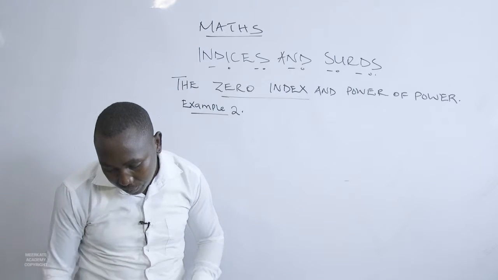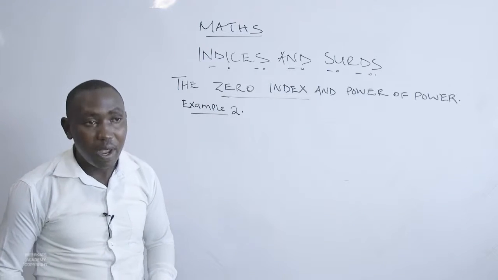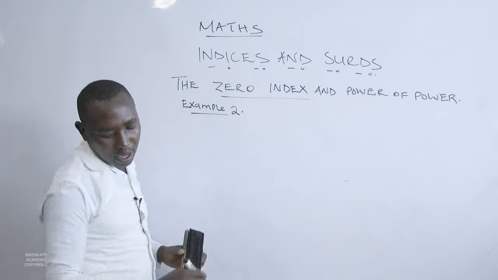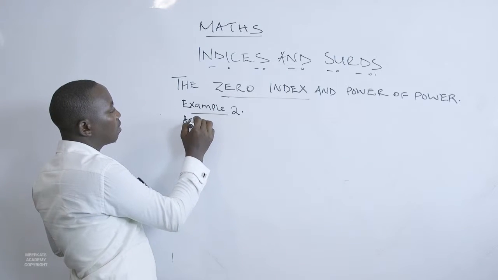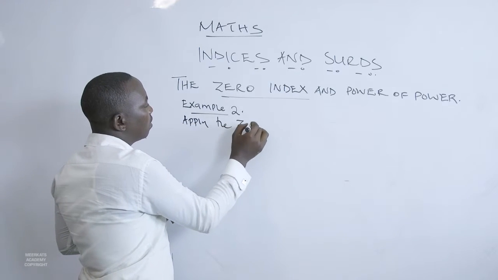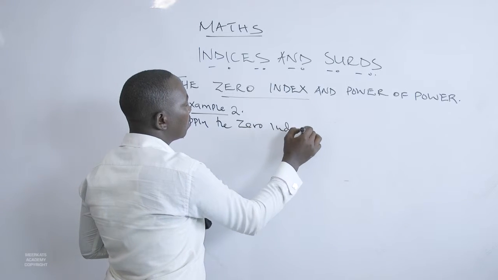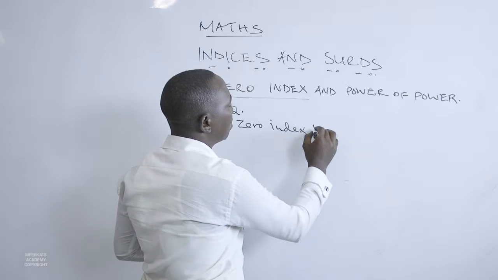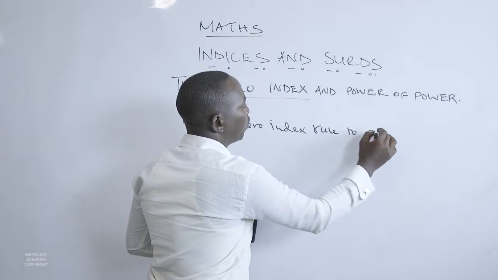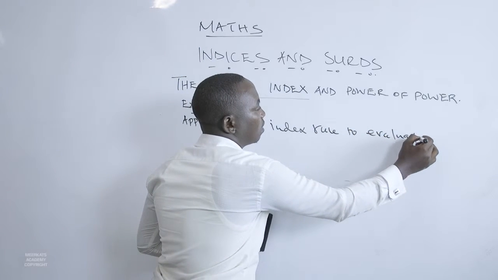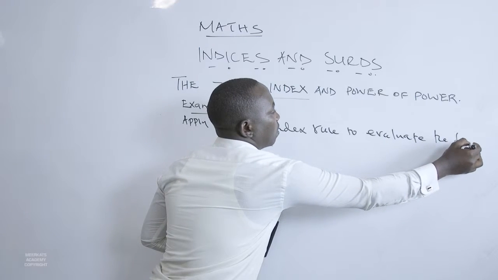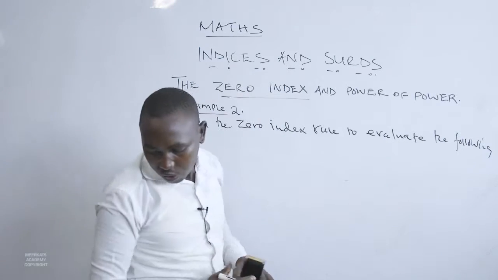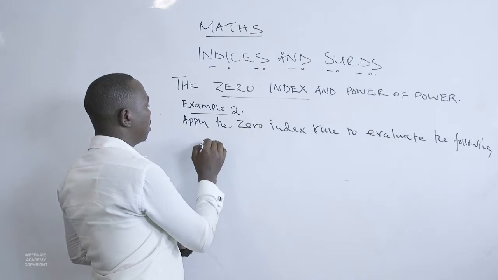Example 2, where we have the case of a 0 index. Apply the 0 index rule to evaluate the following.